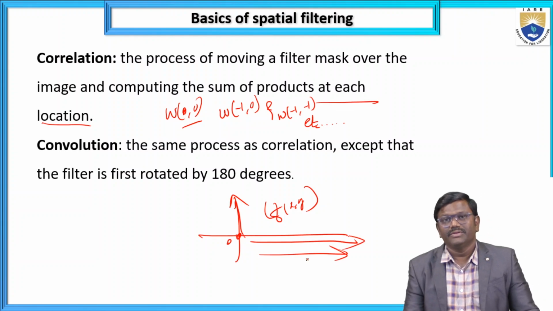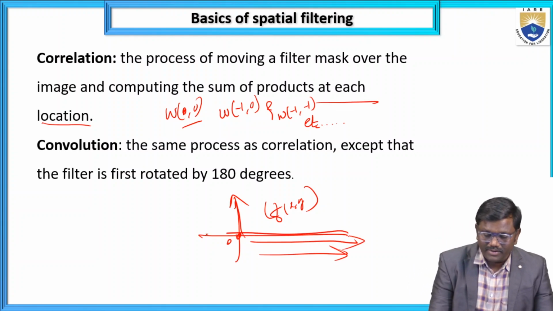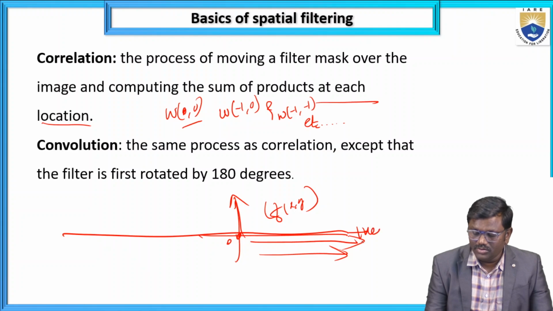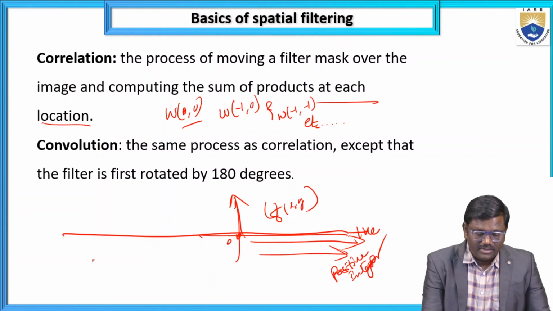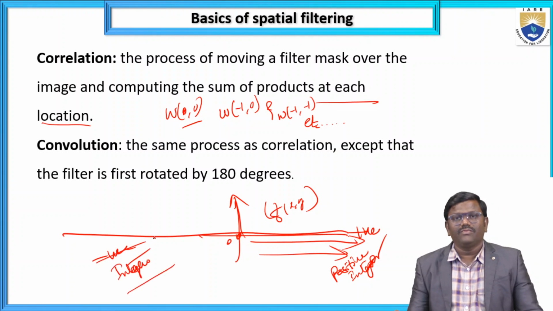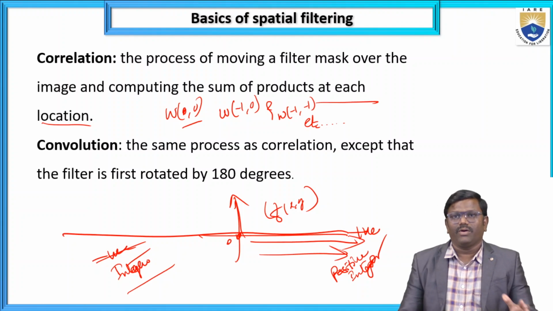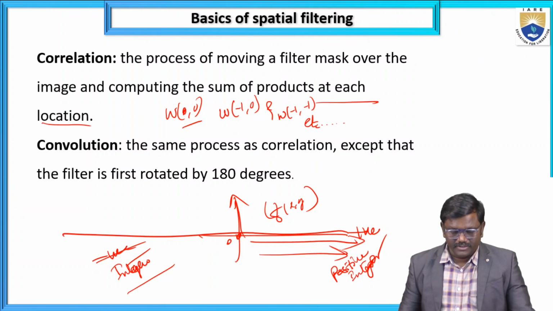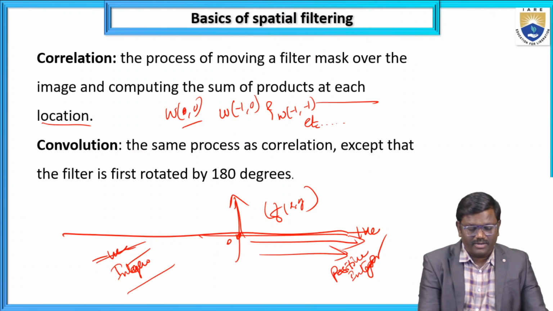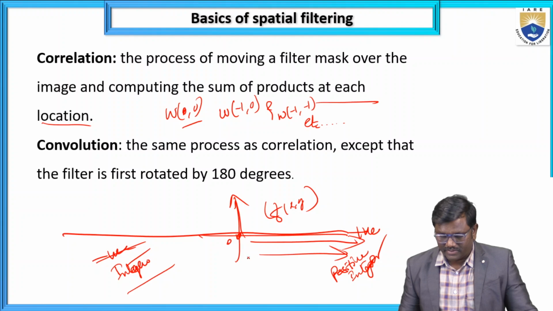This is a positive integer, and this is a negative integer. So positive and negative values of integers are what we are considering. That is, we are keeping it at 180. So this is completely 180 degrees.